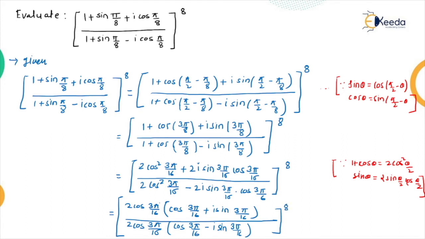Now the same term is cancelled in numerator and denominator. So what will be the remaining in the next step? That is very easy.